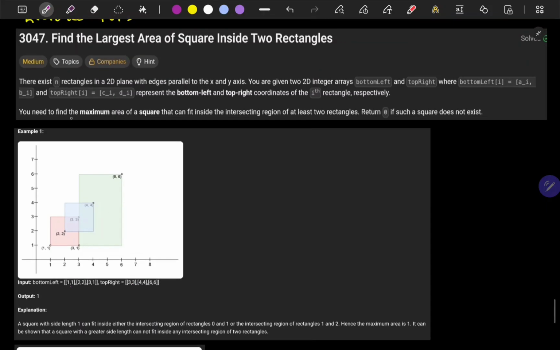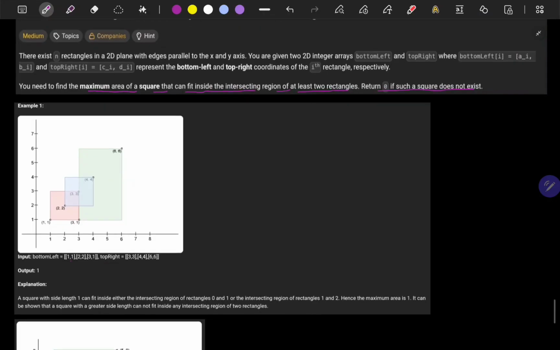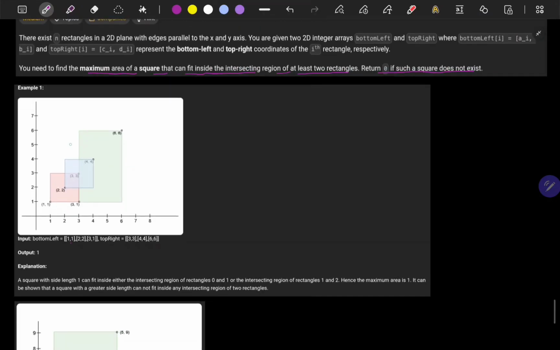Now what it is asking is, you need to find the maximum area of a square that can fit inside the intersecting region of at least two rectangles. Return 0 if such a square does not exist. So basically, these rectangles will have some intersecting region, meaning some overlapping region.